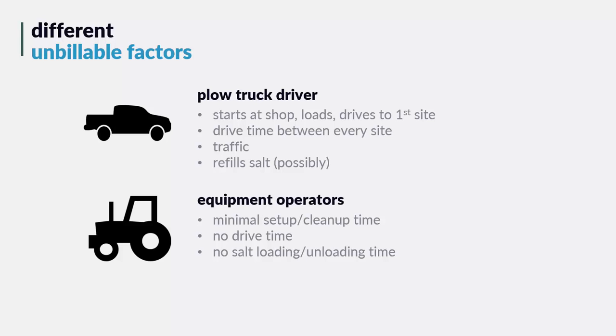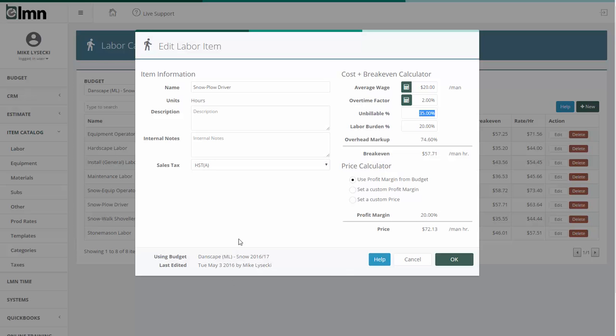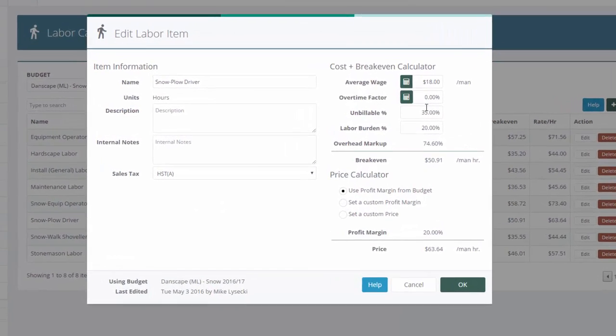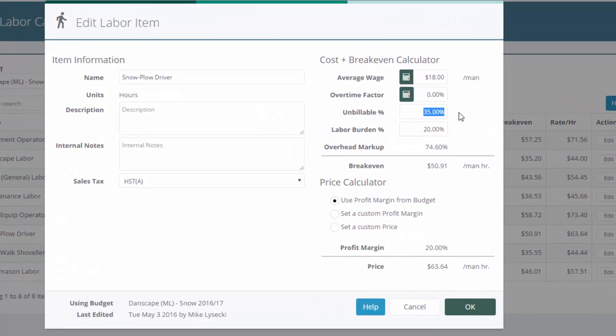So it's important to recognize another good reason to create different labor types here. I've got equipment operator, plow driver, and walk shoveler, because the unbillable times for these roles vary significantly. A plow driver could have anywhere from 25 to 40% unbillable time based on their drive time and shift.